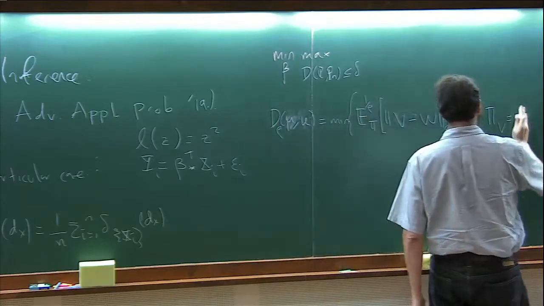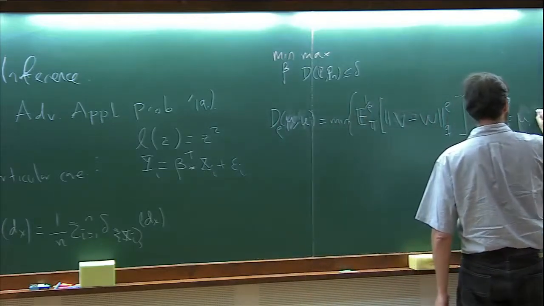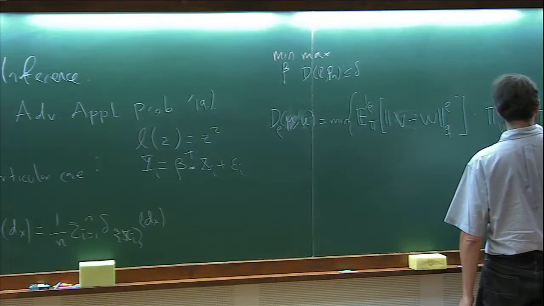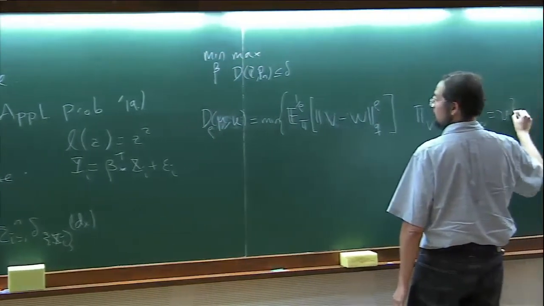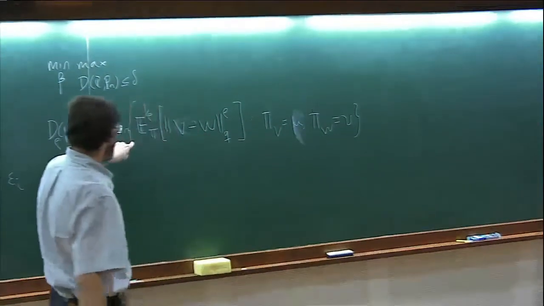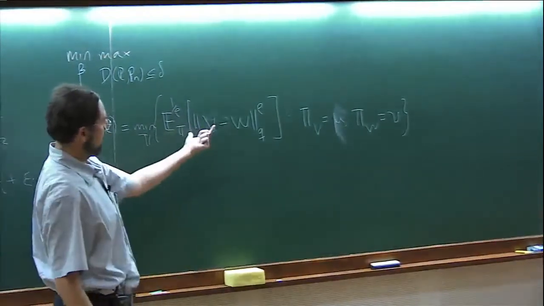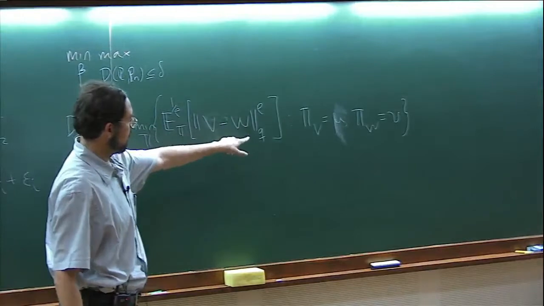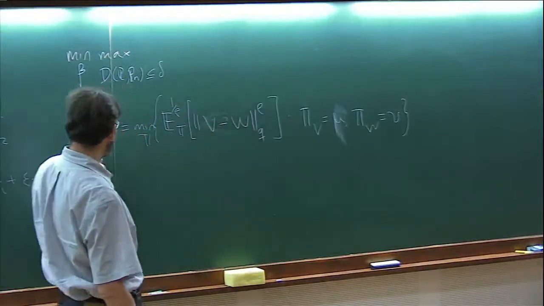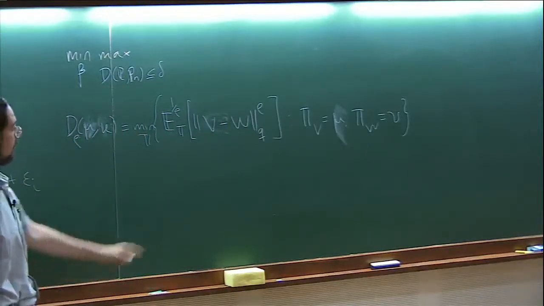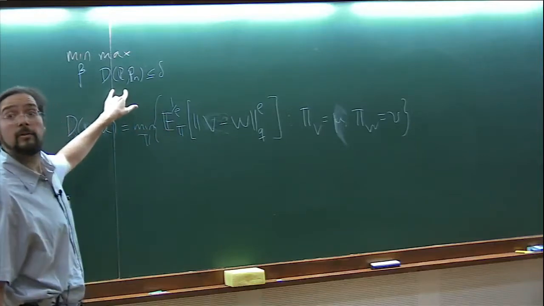So this P_V is mu and P_W is nu. So this is a minimization over all probability measures. The distance between V and W uses the L_q distance to the power rho, so that's the rho-order Wasserstein distance, and this is what we're going to be using here.